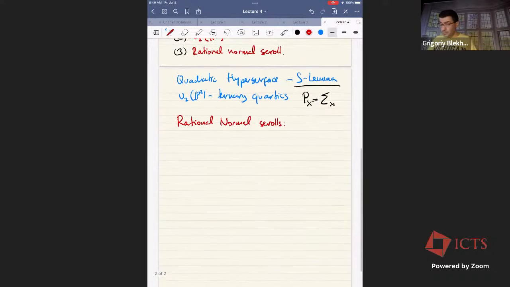One way of saying it is that these are some special toric varieties. Let me explain what's happening here in a very quick way.